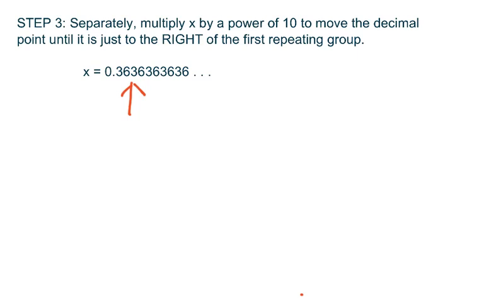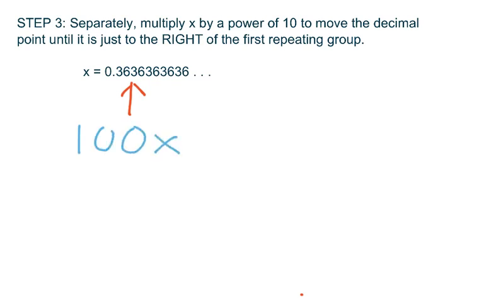Now, this is where we think about multiplying by powers of 10. If you multiply a decimal number by 10, it slides the decimal one place to the right. If you multiply by 100, it slides the decimal 2 places to the right. 1,000, 3 places to the right. I need the decimal point to slide 2 places to the right. So to make that happen, I would need to multiply by 100.